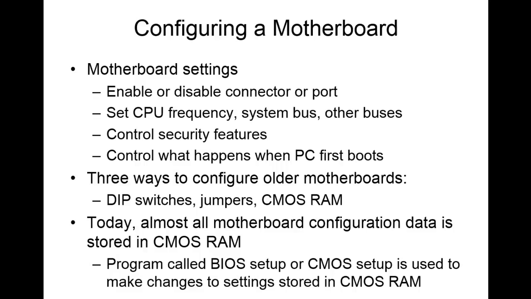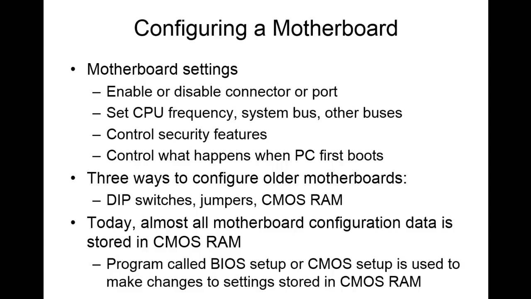This CMOS RAM is going to retain the data even when the computer is turned off because it's being charged by a nearby battery. If you've ever looked at a motherboard, you've probably noticed that CMOS battery there. It looks almost like a small dime or a metal coin. Typically you're going to see the CR2032 as a standard CMOS battery. You'll know if this goes bad if you turn on your computer and you see that the date on your computer is set to a really old date.